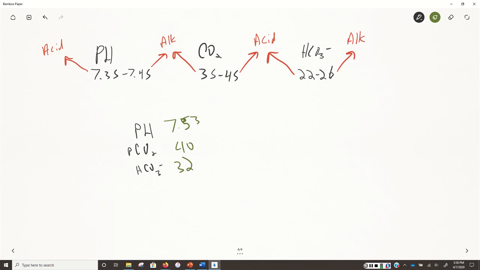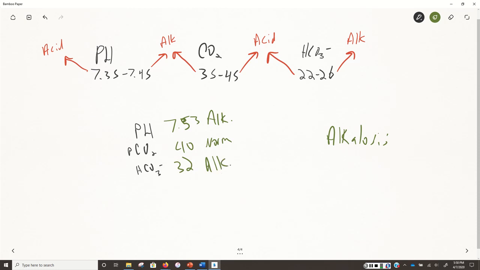So the pH 7.53 is alkalosis. Then we look at the other two. PCO2 40 is normal, and bicarb 32 is alkaline.